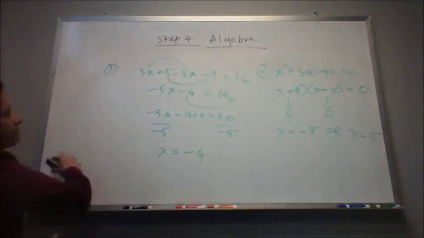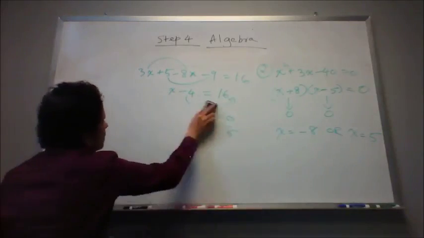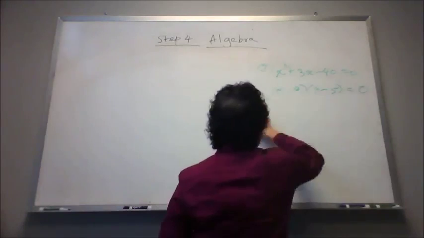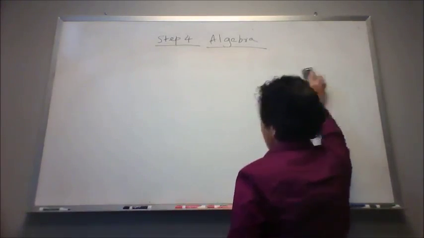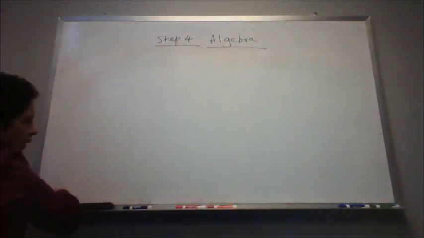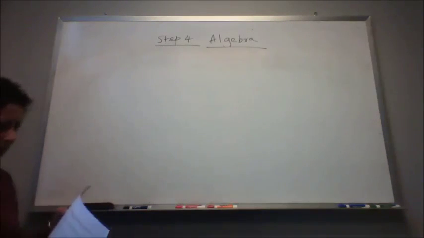So we have done a couple of problems where we solve for the value of x. And in the test, they usually give you problems where you don't have to solve all the way, but you need to do the expressions.